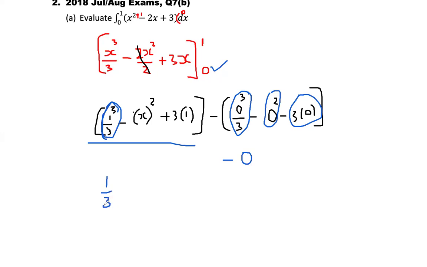1 over 3, right? Yes. So 1 over 3 minus, what do we have here? Oh, here it's actually a 1. What do you have here? We have a 1. Plus, what do we have here?